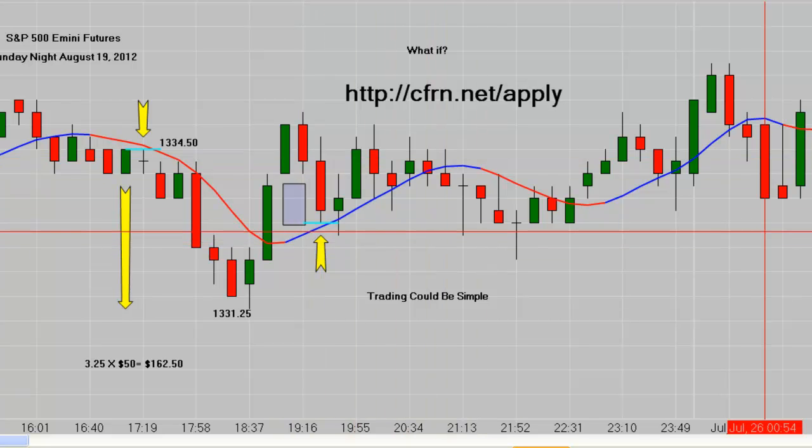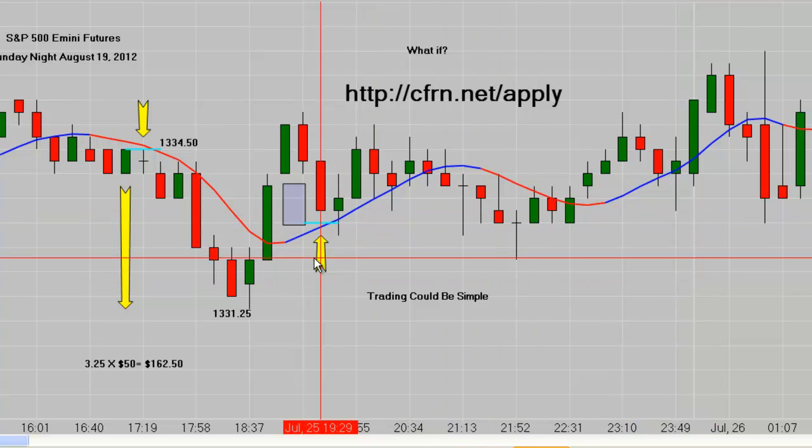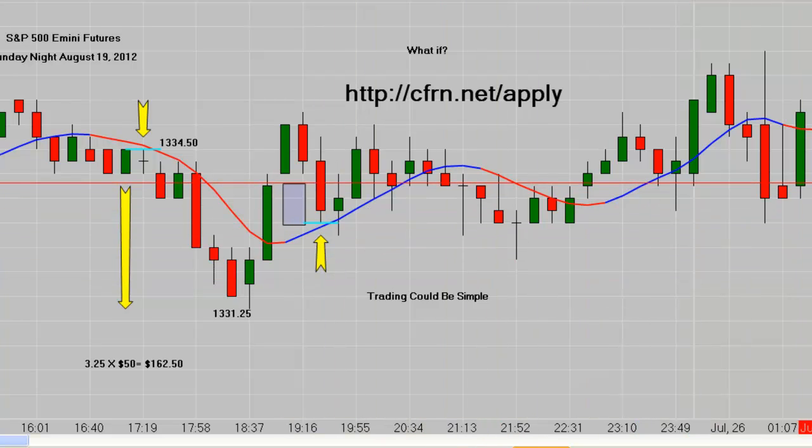Also, because we are not scrolled all the way to the right edge of our chart. I mean, today's August 19th and we're looking at July 25th. When we get to the end, you'll see that over here, the price that you enter at, it's colored. So you always know exactly to the tick where your entry price is. It's never a question.